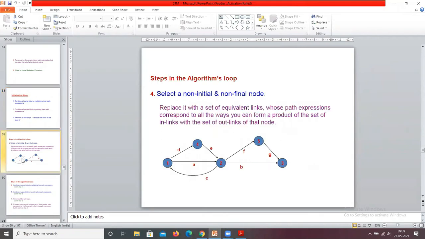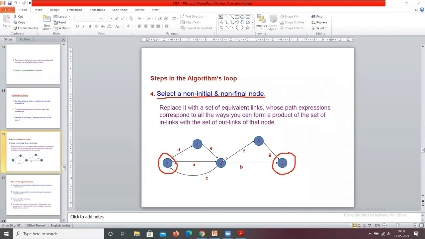Fourth step: select a non-initial and non-final node. What does it mean? In this example, the initial node is 1 and the final node is 3.